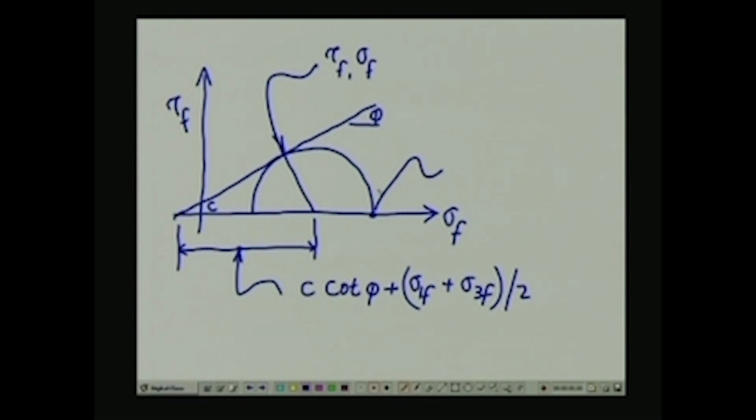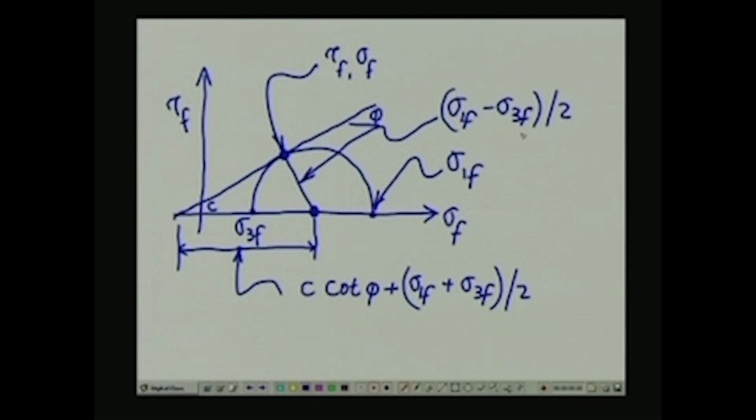Recall that this value here is sigma 1f and this value here is sigma 3f. And we also know that this particular distance, or the radius of the Mohr circle, is given by (sigma 1f minus sigma 3f) over 2.